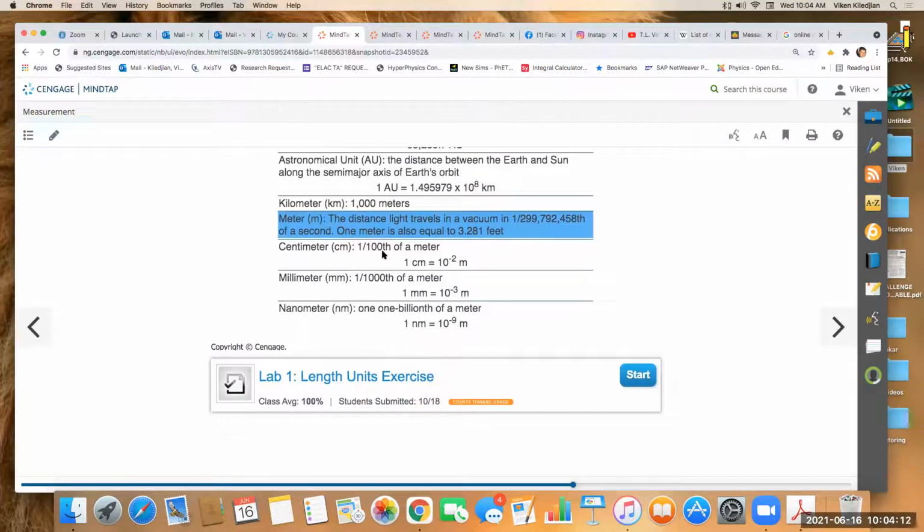Okay, yeah, they don't have all of them, but they have the main ones.